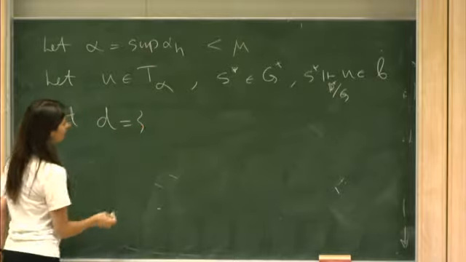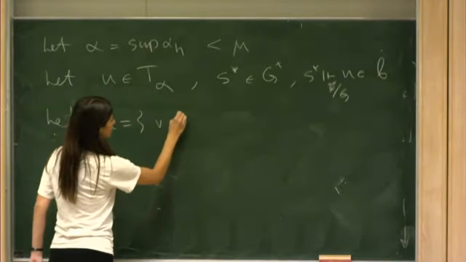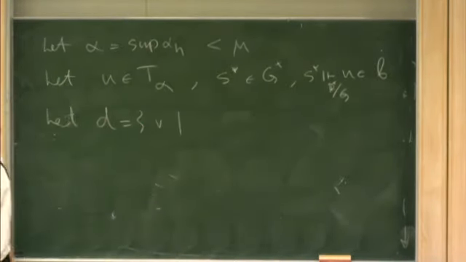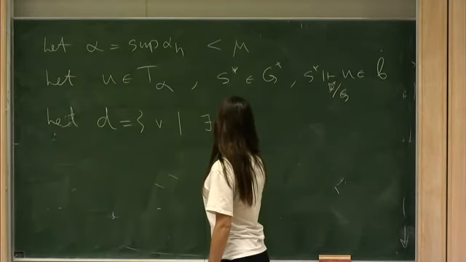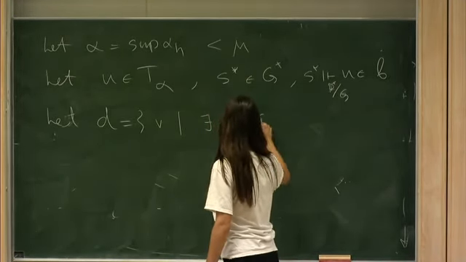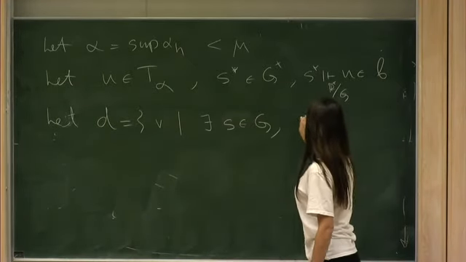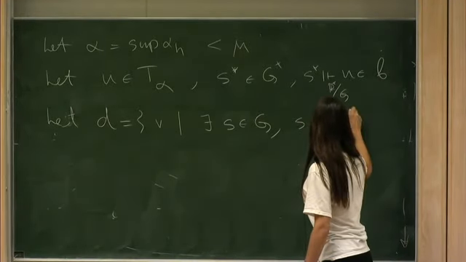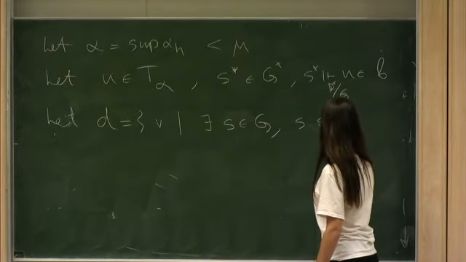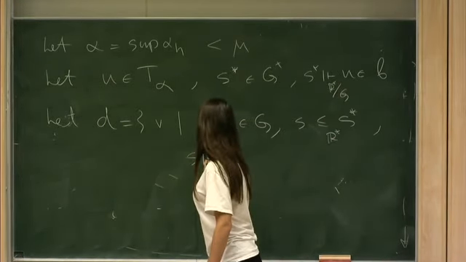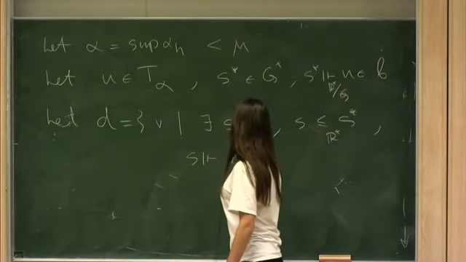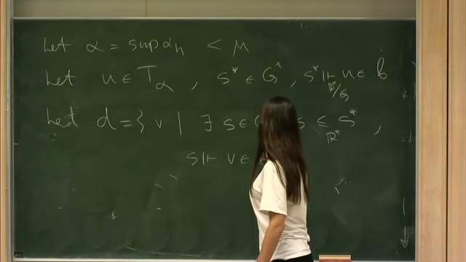Let D be the set of all nodes V such that there exists S in G, S is less than or equal to S star, with respect to the R star order, and S forces V is in the branch B.